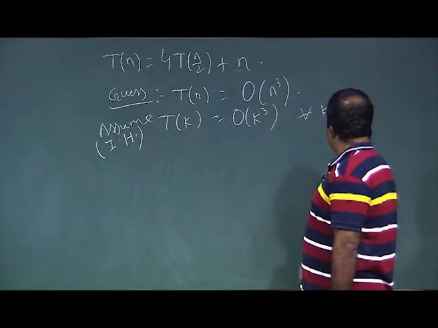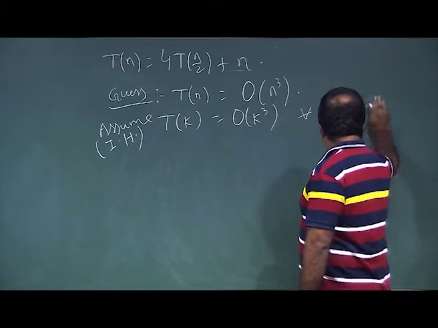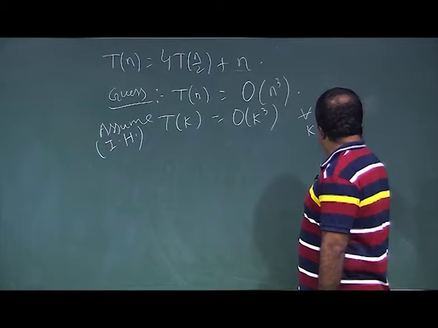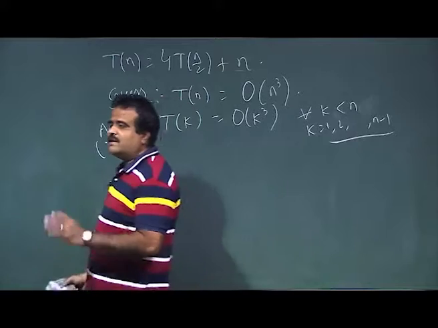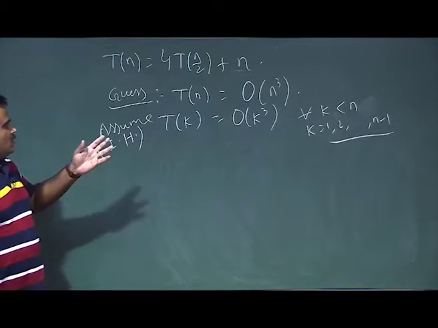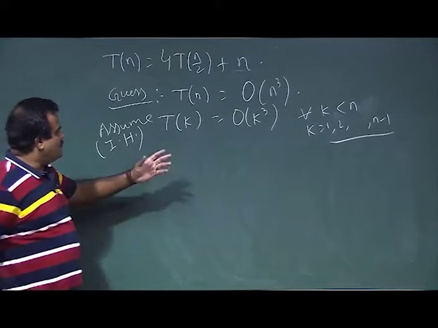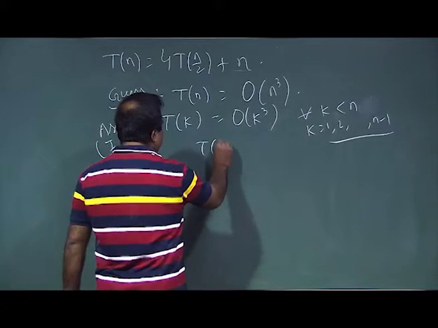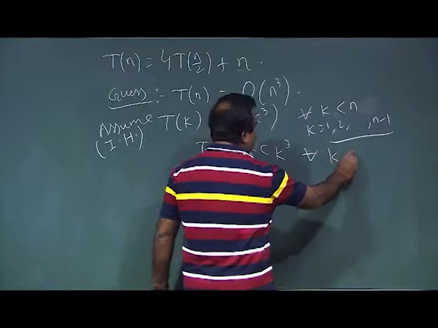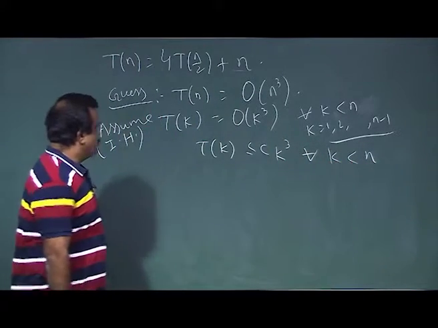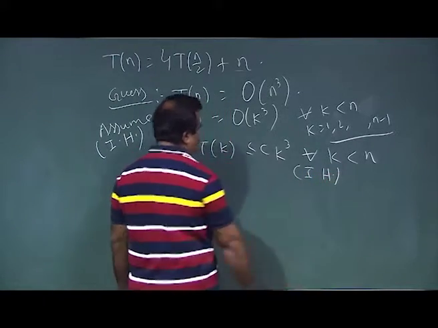We assume that our result is true for all k up to n minus 1. That means T(k) is less than or equal to c k cube for all k up to n minus 1. So this is our induction hypothesis.